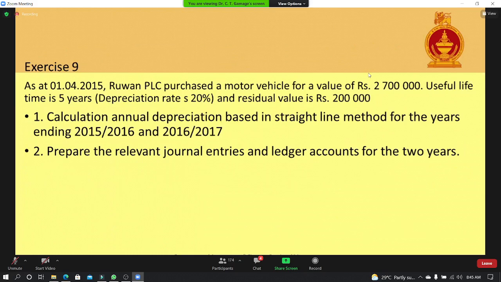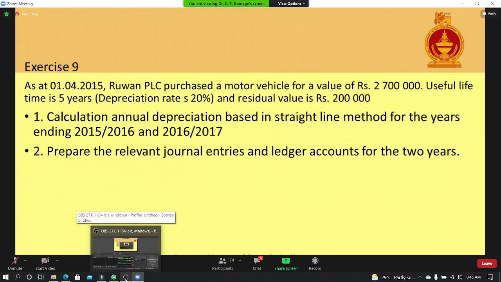Then I will give you 5 minutes time. It is an easy question. So you can do the calculation and enter your answer in the chat box.